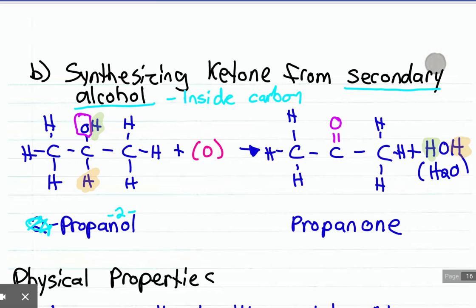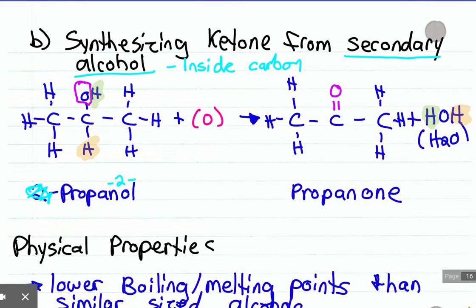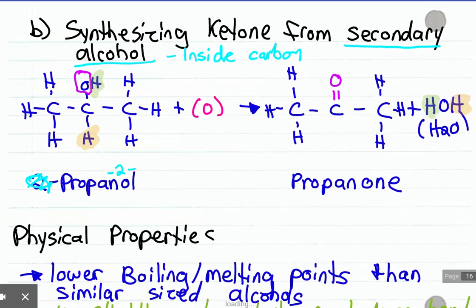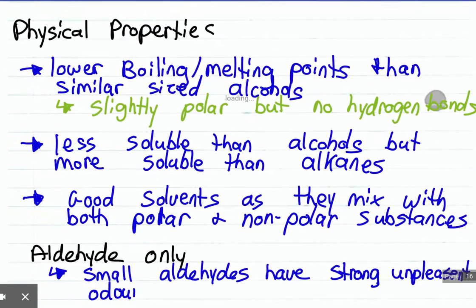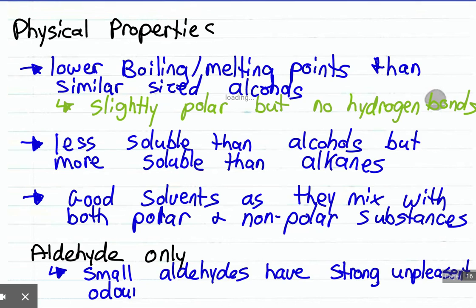All right, now let's talk about what this carbonyl group does to the properties of a hydrocarbon. So scroll up here. So physical properties. Now these aldehydes and ketones are going to have lower melting and boiling points than a similarly sized alcohol. This is because that double bonded oxygen creates a slightly polar molecule, but it can only engage in hydrogen bonding one way.